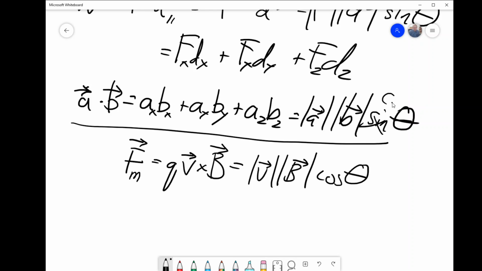That's backwards. This is the cosine, and this is the sine. Because we want the cross product maximum when they are perpendicular, and we want the dot product maximum when they are parallel. My apologies. The cosine goes up here, and the sine goes down here.